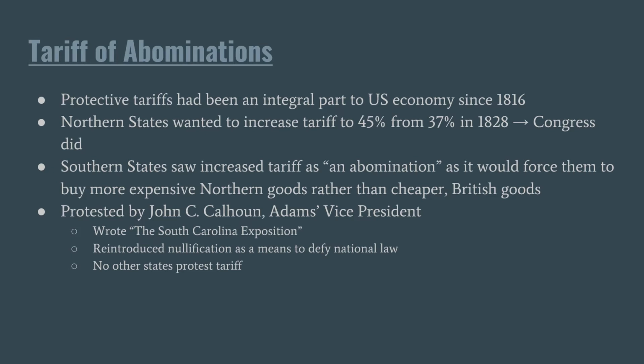And we see a couple of different tariffs come into play to try and protect the U.S. economy from foreign competitors, specifically Great Britain. And these tariffs really help northern states. It helps protect their manufacturing business. And northern states want to increase the tariff to 45% from 37% in 1828. And Congress does. Congress approves this tariff.